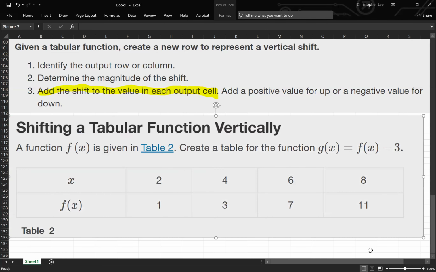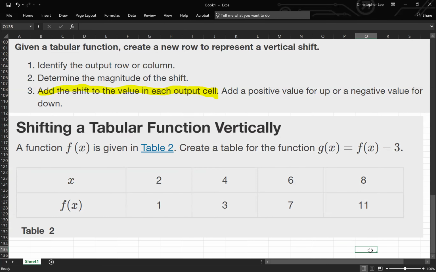All right. So shifting a tabular function vertically. A function f of x is given in the table. Let's create a table for the function g of x where f of x is going to be subtracted by 3. So I'm going to shift this table down 3 units.